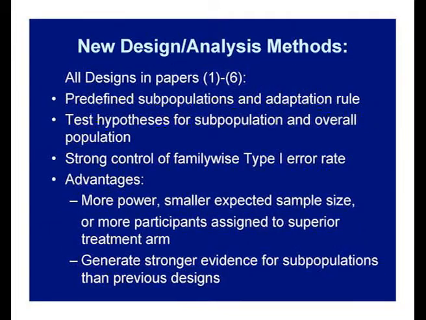So a common thread in the work that I do is the subpopulations have to be predefined, as well as the adaptation rule. Everything has to be set up front. It's not the case where you can be in the middle of the trial and do whatever you want. It has to all be preset. There are people who work on trying to learn the subpopulation as you go.